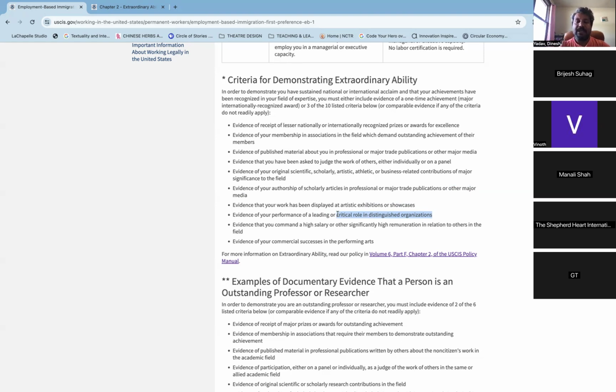But it can become a distinguished organization if it is serving a very specific community, and for that community it is distinguished. So think about how to make the case in a way that the organization fulfills the criteria of distinguishedness.